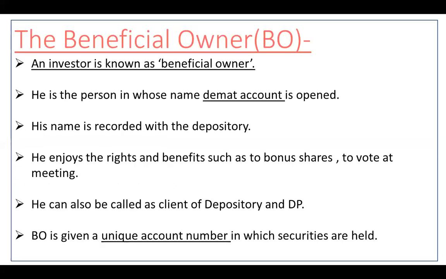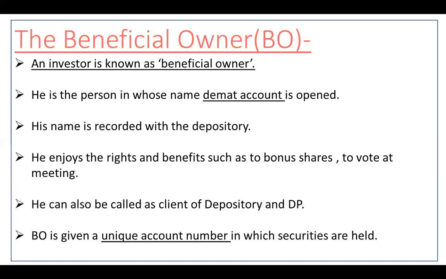The beneficial owner. Here, the beneficial owner means investors. An investor is known as a beneficial owner. Those persons who want to invest in securities can open a demat account.